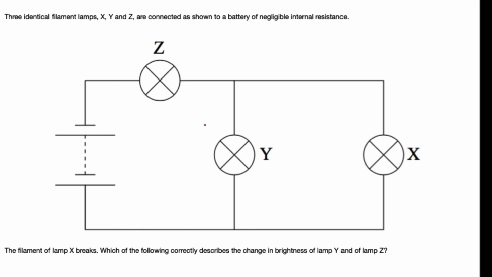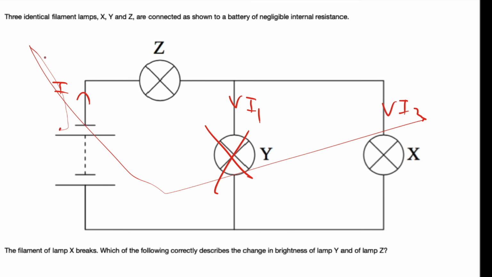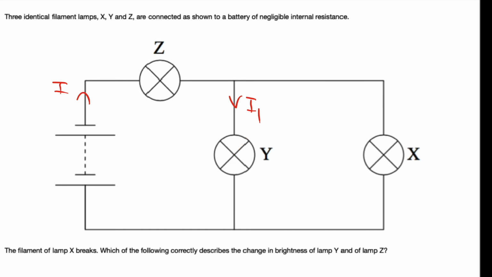So X breaks. Here there is current I flowing, I1, I2. If X breaks, the resistance of the circuit increases, so the current I will decrease.